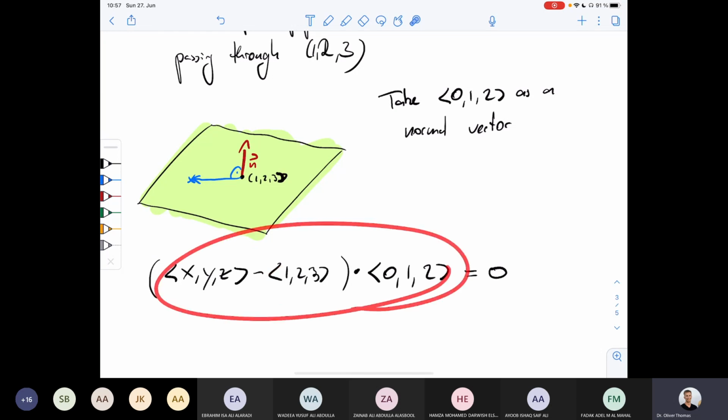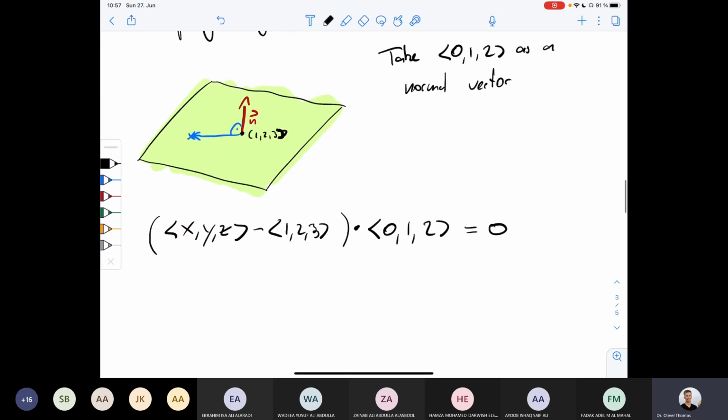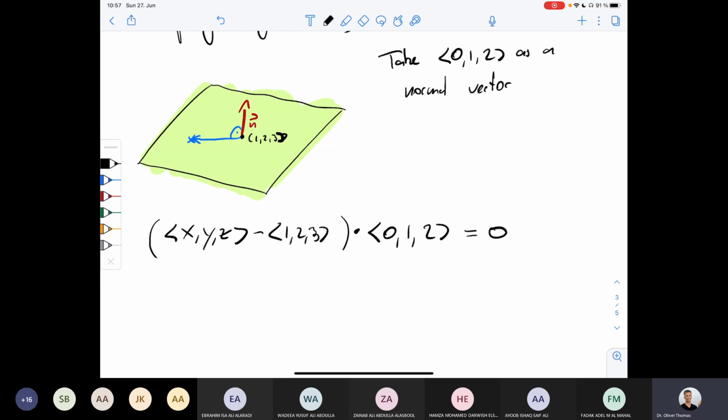We simplify it by just multiplying the whole thing out. We first build the dot product between our normal vector and our general vector. This is just 0x plus 1y plus 2z.